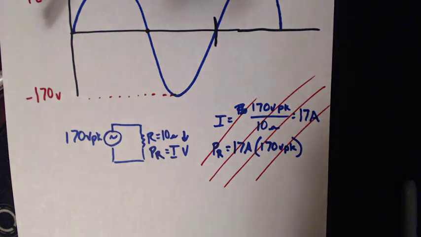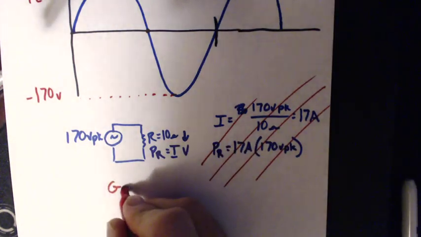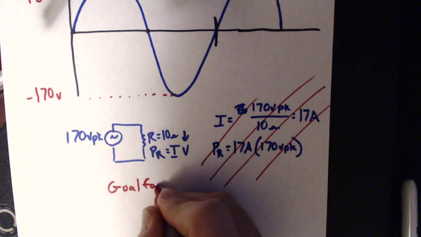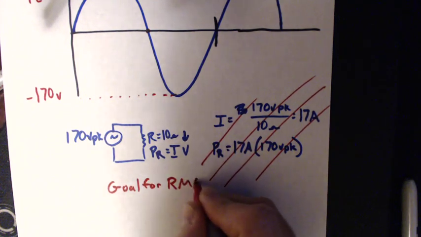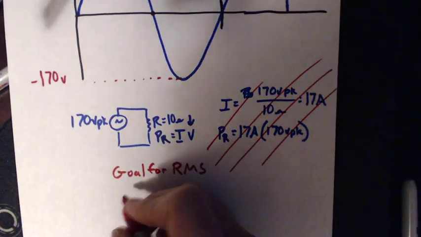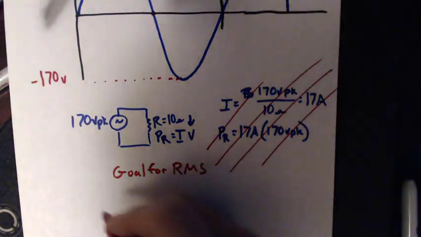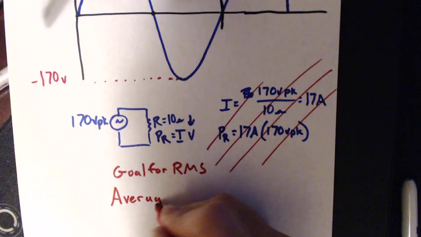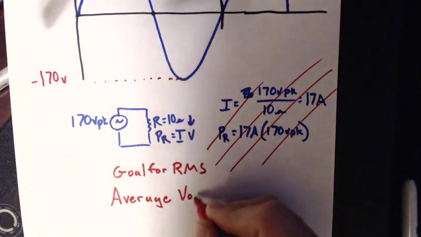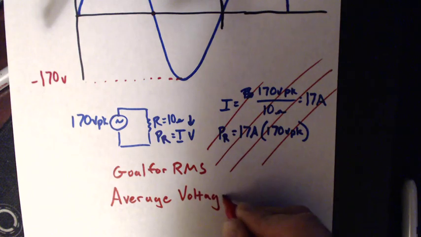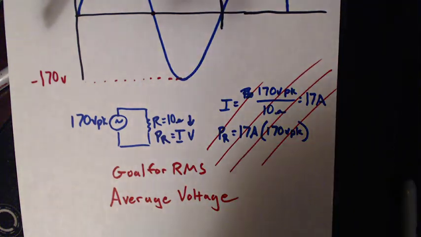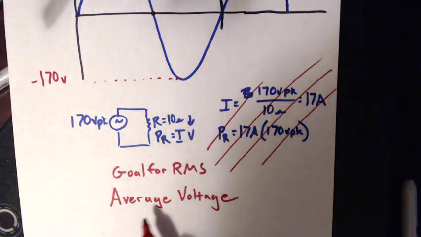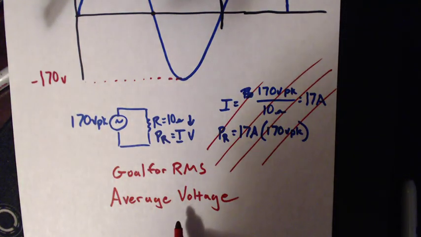So our goal for RMS is to create an average voltage. It's a fancy way of describing the magnitude of this voltage as an average voltage.